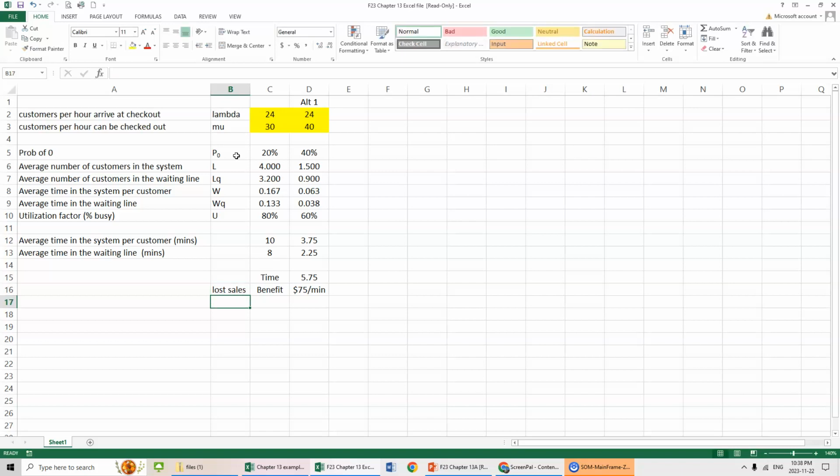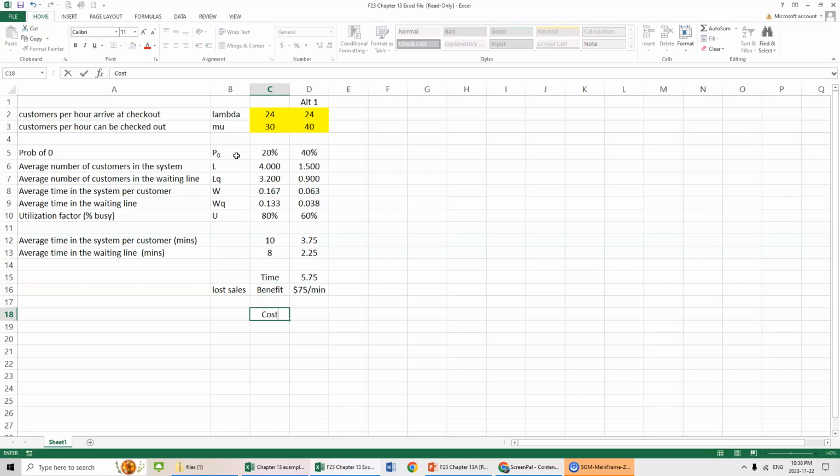So every time a customer goes into a store, looks around going, wow, people are spending too much time waiting to be served, 8 minutes to be exact, I'm out of here. I'm not going to go into that store. Maybe I'll come back later, but worst case scenario, I go elsewhere and spend my money elsewhere. So this is something that retail businesses keep track of, potential lost sales, $75 per minute that a customer has to wait. So that is our benefit because we're saving time, so we are decreasing that lost sales.